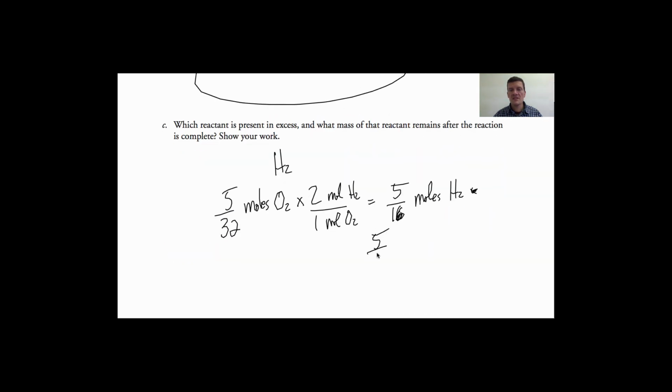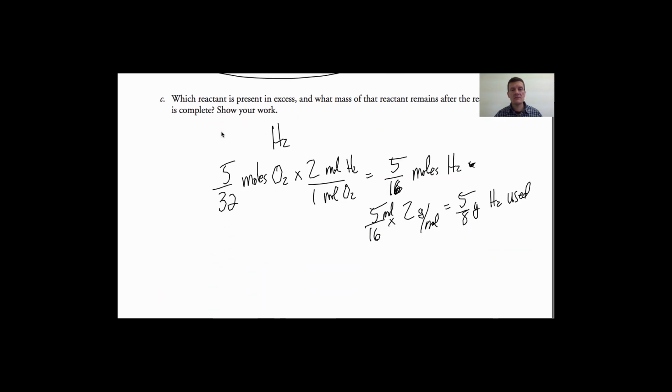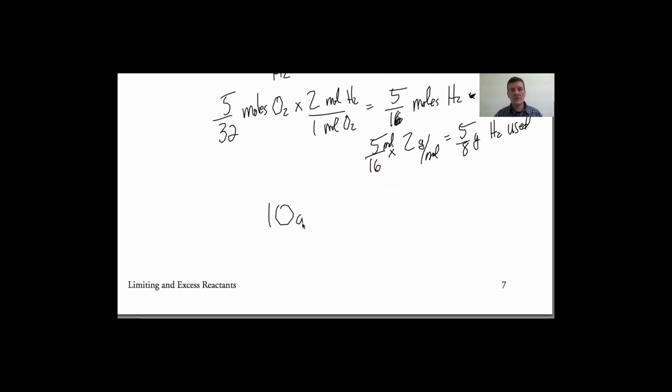Let's take this 5/16 times 2, because it's 2 grams per mole, and this is the number of moles here. So this is going to be 5/8 grams of hydrogen used. So how much is not used? Well, you just take your 10 grams here minus the 5/8, and that's how much is in excess.